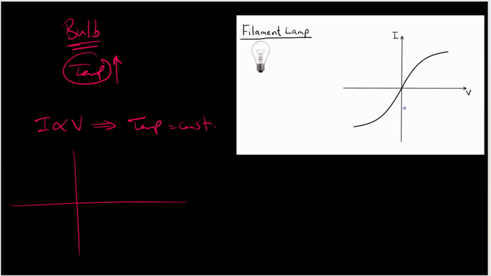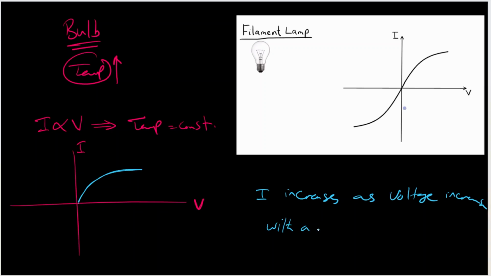So if I draw the voltage-current graph for the bulb, it will not be a straight line, it will be just a curved line. This curved line indicates that current increases as voltage increases. This is true, but it increases with decreasing rates.